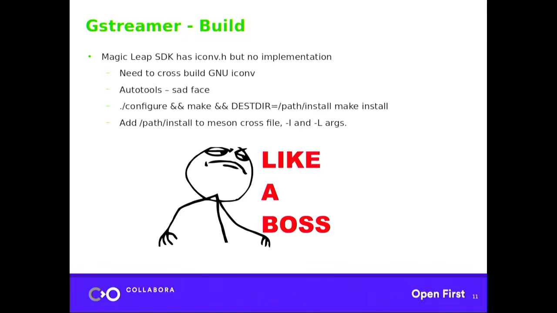So I had to build iconv from the GNU project. Of course, that's yet another build system, Autotools now, sad face. But I can handle it. Configure, make install, all the good stuff, and it works. It builds. You can install that in a path somewhere, and you can add the -L and -I flags in your Meson cross file to pick the iconv implementation you just built.